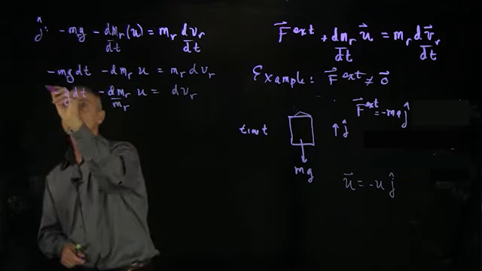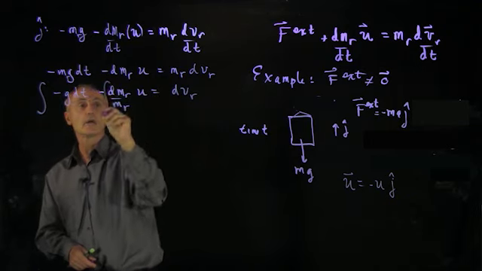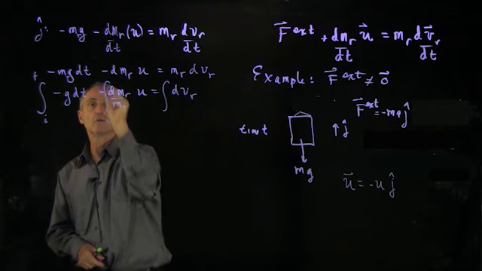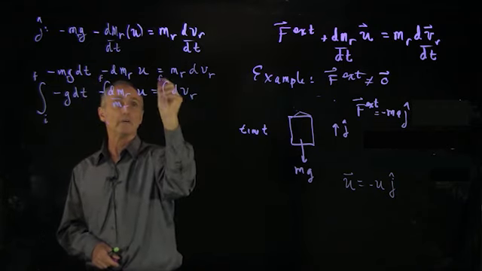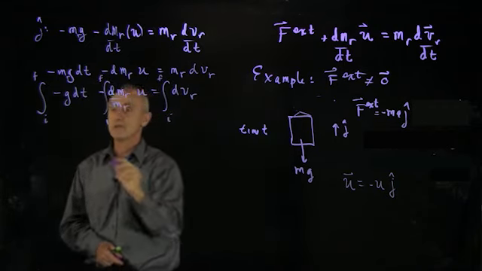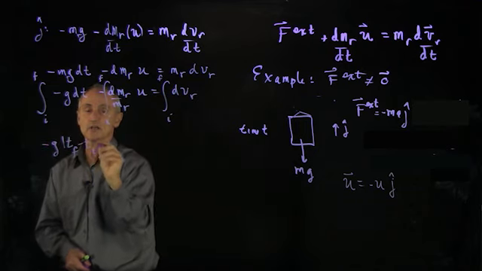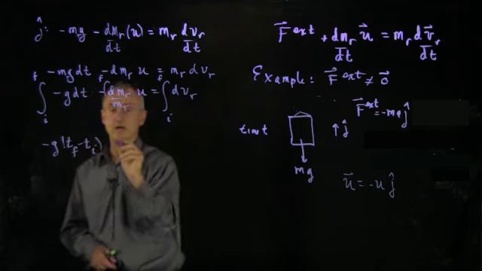Once again, we can integrate this equation from some initial time to some final time, which I'll denote by i for initial and f for final. What we see here is minus g times t final minus t initial, because we're integrating with respect to time.